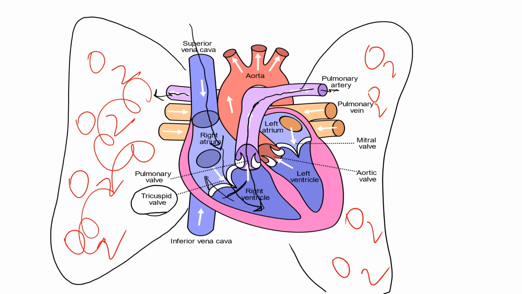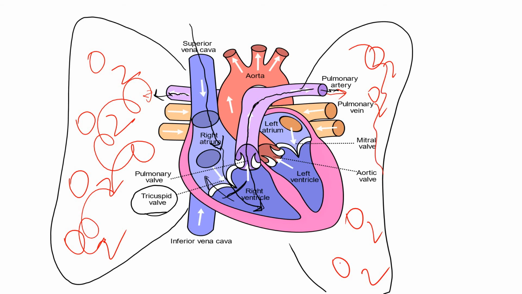The blood becomes pure. So from the pulmonary artery, the deoxygenated blood enters the lungs, and then it mixes with the oxygen in the lungs and thus becomes oxygenated. Alright, now next step.